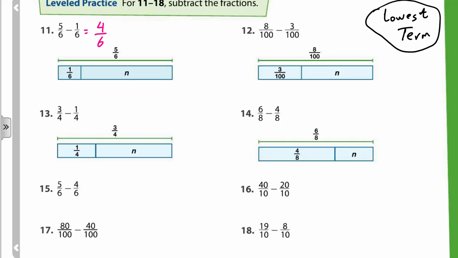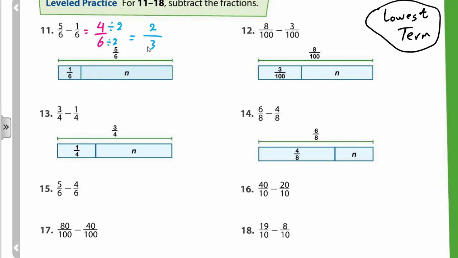Let's divide by 2. 4 and 6 divided by 2 gives 2 and 3. Divide both numerator and denominator by 2. So it's 2/3. Yes, thank you, Malik.